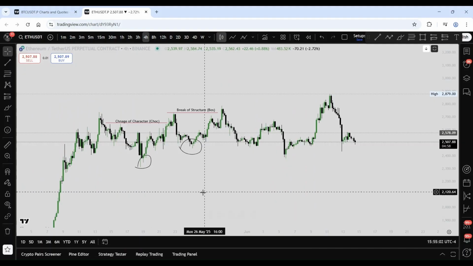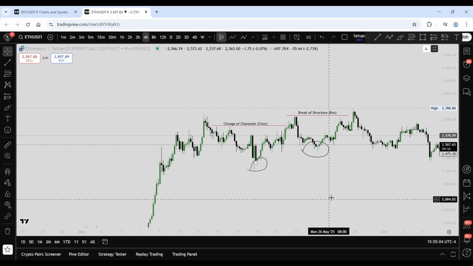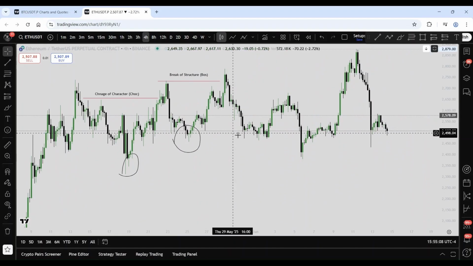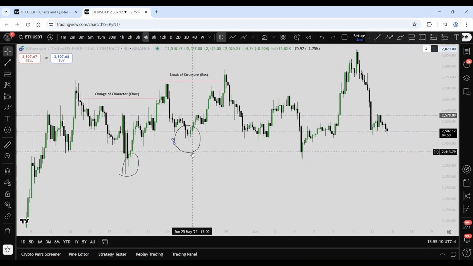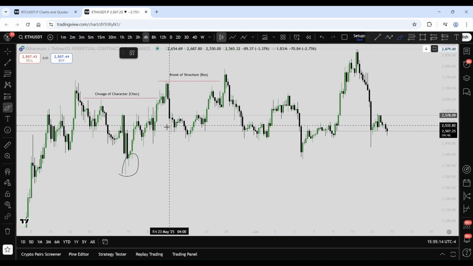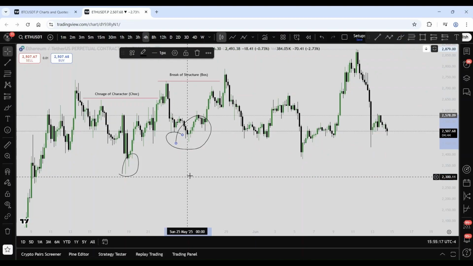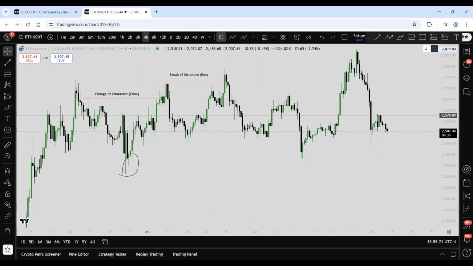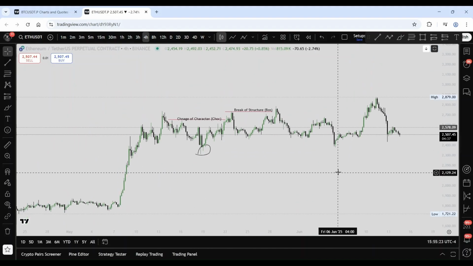Now, the retail traders would be entering somewhere around this area. This is an order block, but I wouldn't be entering in this area because we have a lot of liquidity here.